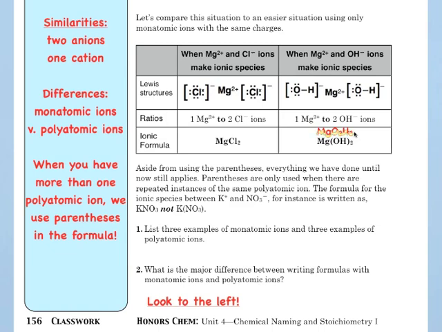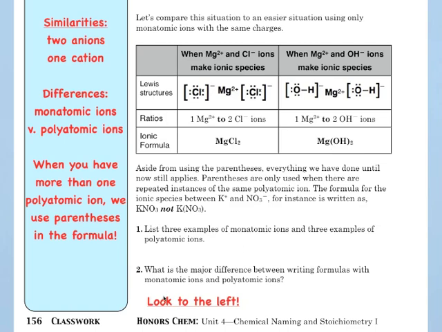And really what's going on is not that all these things are bonded together in some kind of covalent way, but there is 1 Mg and 2 of these groups of OH that are bonded. And so this is what this means. This 2 subscript outside of the parenthesis means that there is a group, a hydroxide group, and there are 2 of them, 2 instances of that group in this ionic species.